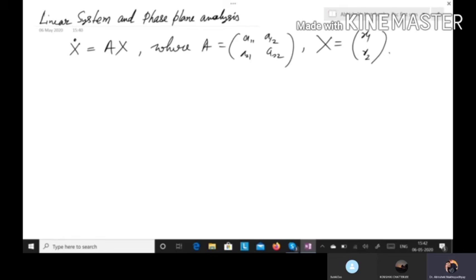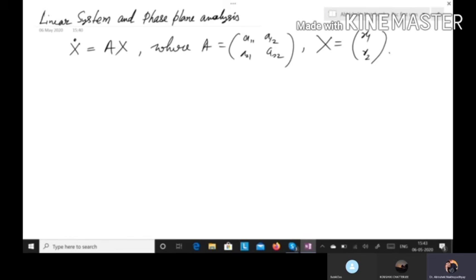And then by considering the characteristic polynomial of this matrix, we have obtained 3 cases, and 2 cases have already been discussed in our previous lecture, and the third case is that A has a pair of complex conjugate eigenvectors.